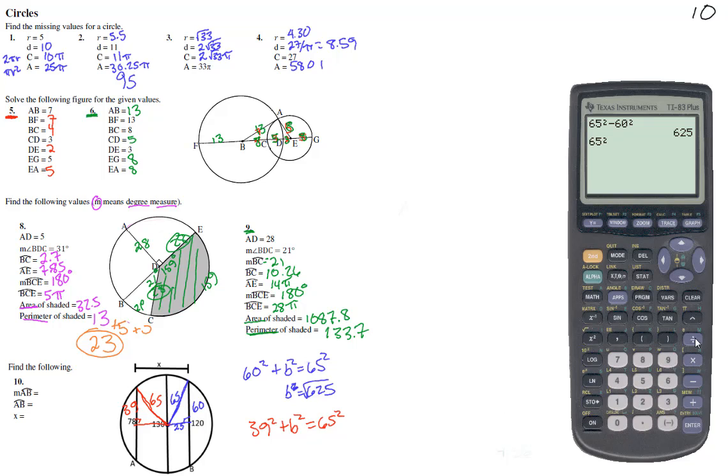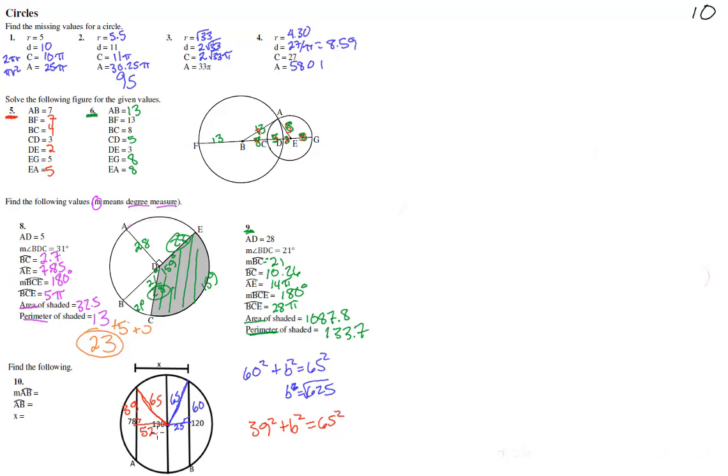Some of you may notice that those are all multiples of 13, which means maybe it's a Pythagorean triple that comes out nice. If we square root that guy, ooh, 52. Yes, this is a 3, 4, 5 triangle all multiplied by 13. So that's a 52.